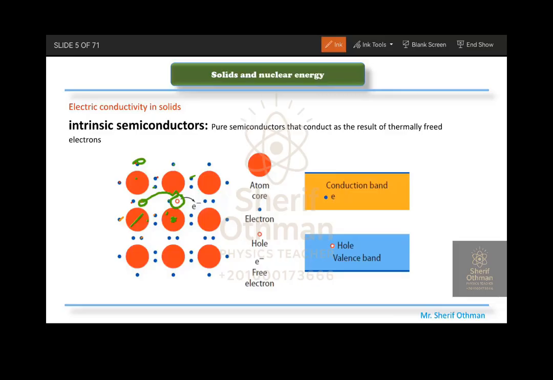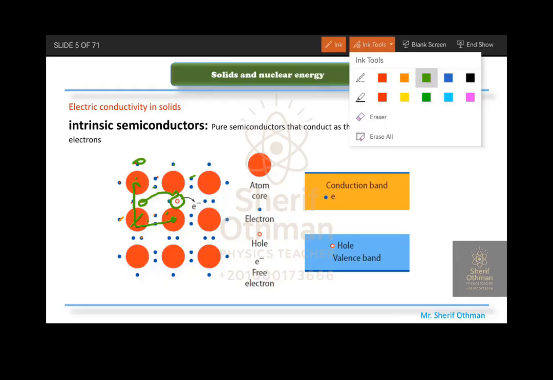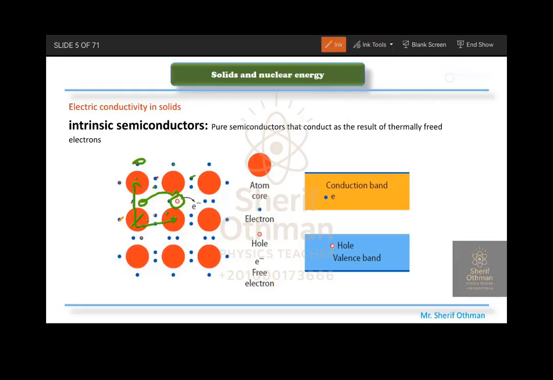So the hole is moved in this direction, and the electrons are transferred in this direction, from this atom to this atom. The transferring of electrons is itself the process of transferring electric current. In this way, the semiconductor is able to transfer electric current, electricity, to be a conductor.